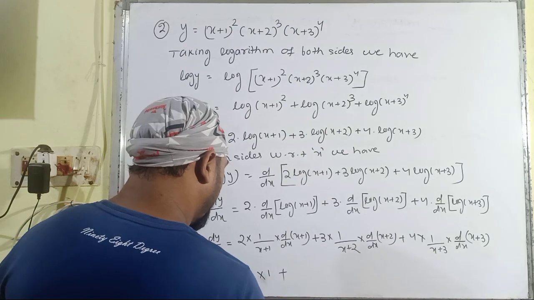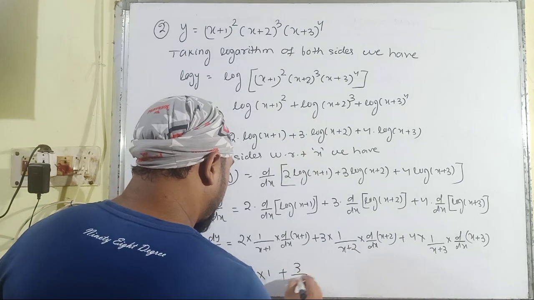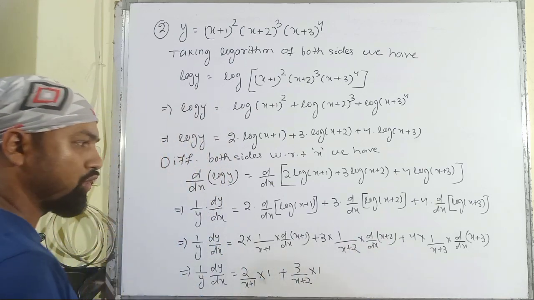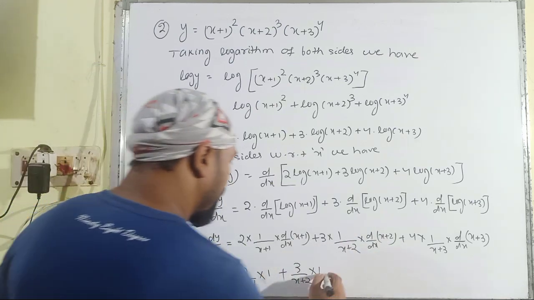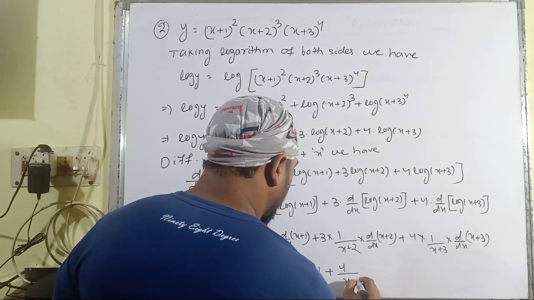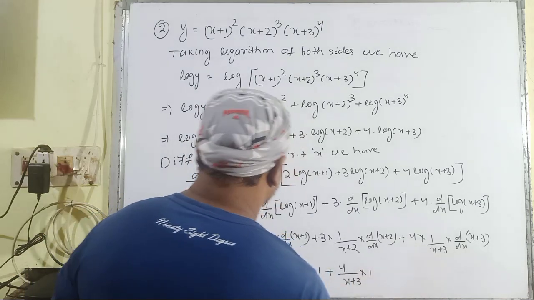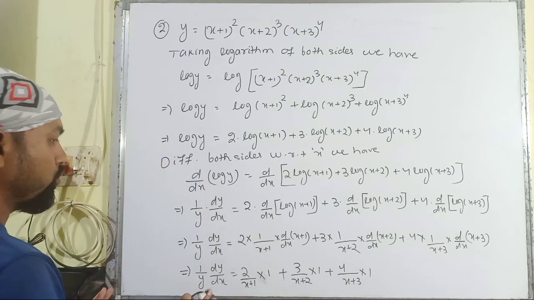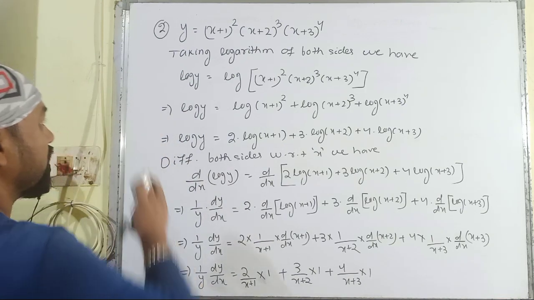Then plus 3 divided by x plus 2 multiplied with again 1, because differentiation of x plus 2 is again 1, plus 4 divided by x plus 3 multiplied with 1. Then we just have to go through the last step of this problem.